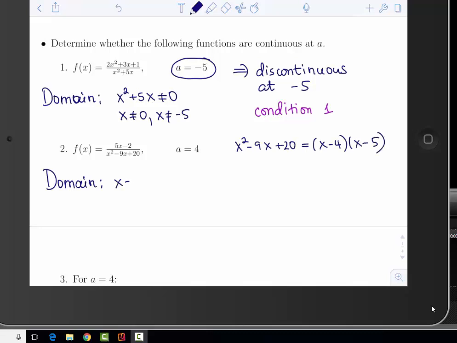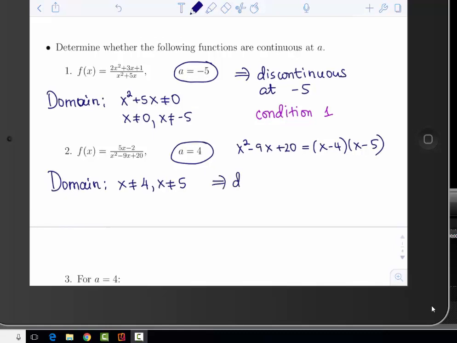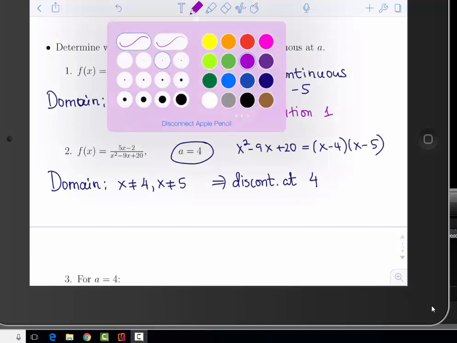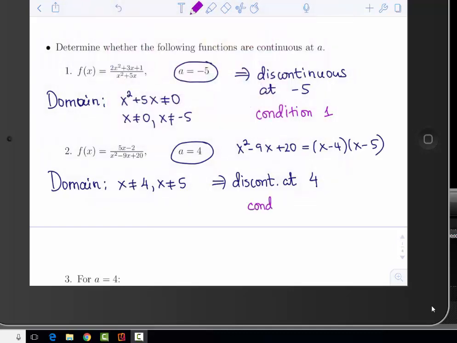So the domain is all values except +4 and +5. Once again, it is not in the domain. We say the function is discontinuous at +4, and same as before, condition 1.